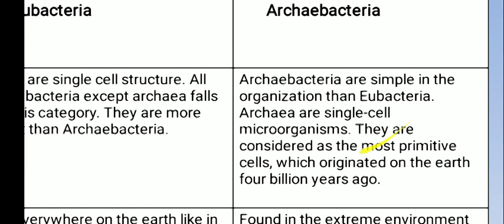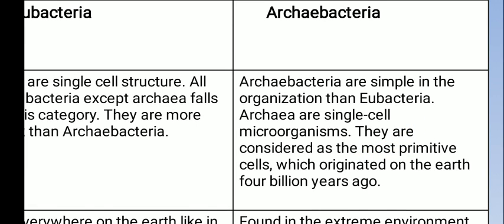Now we will see the characters of Archaebacteria.